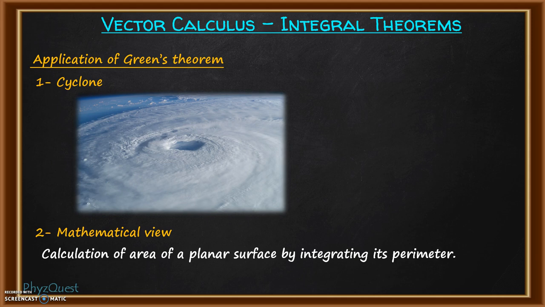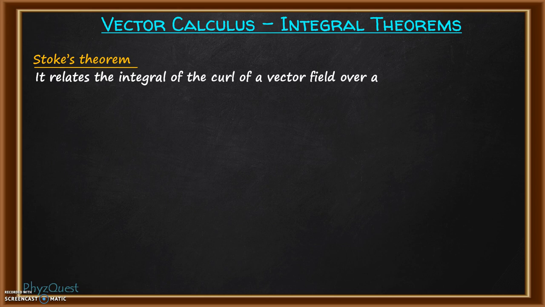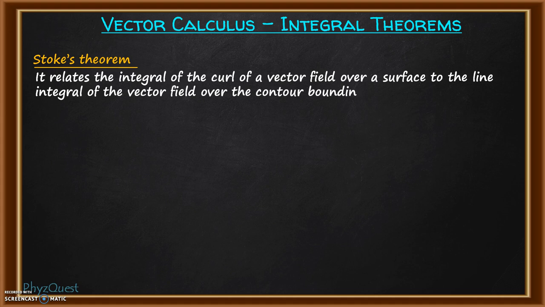Now let's talk about Stokes theorem. Stokes theorem relates the integral of the curl of a vector field over a surface to the line integral of the vector field over the contour bounding the surface.